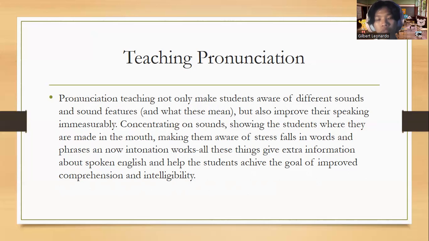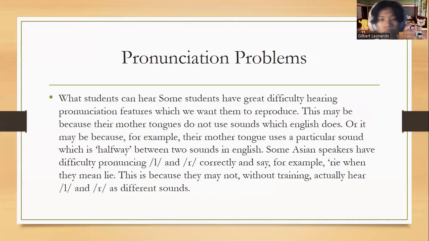So you have to learn how to pronounce it, not only words, but sentences. So you gotta have a lot of practice with it.